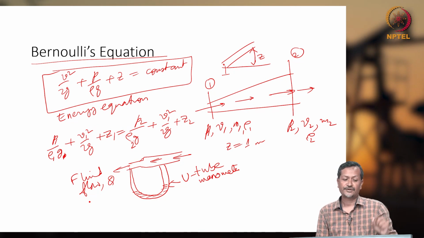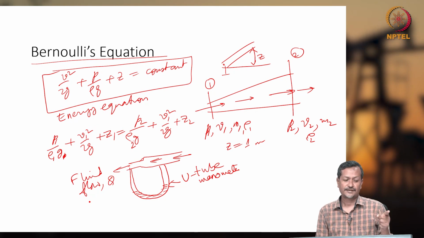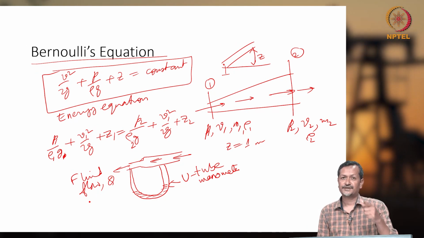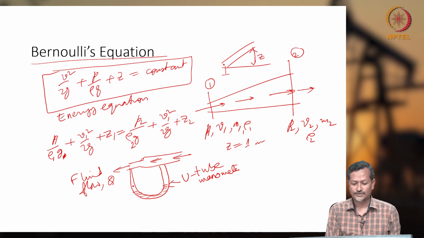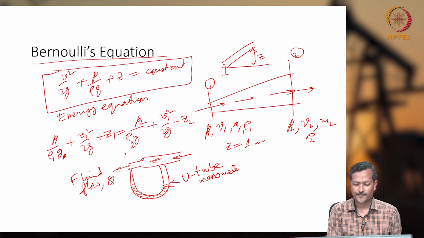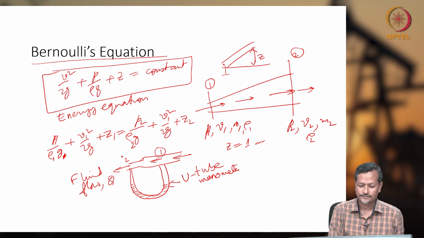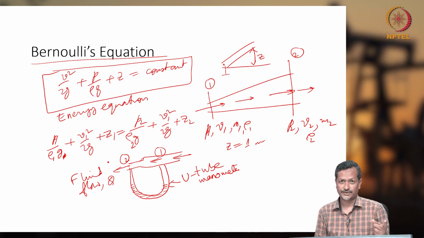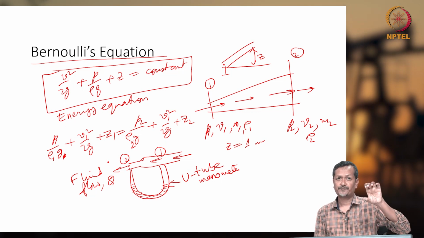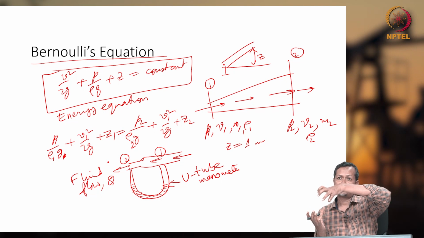If you see Bernoulli's equation, velocity increasing, so pressure will be reducing. If velocity decreasing, pressure increasing. So in that case, what will happen? High velocity, pressure will be lower. So this column will be 2, 1. So section 2 will have lower pressure actually. Velocity will increase because narrow section, same flow rate.